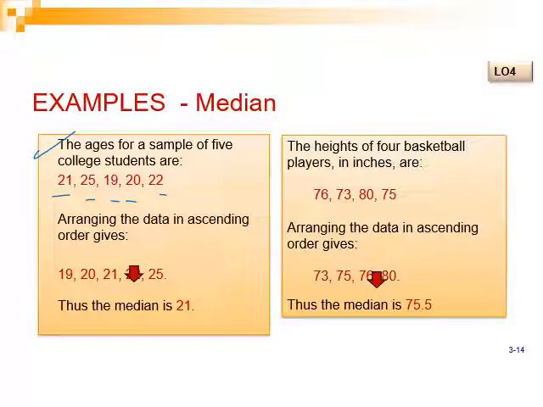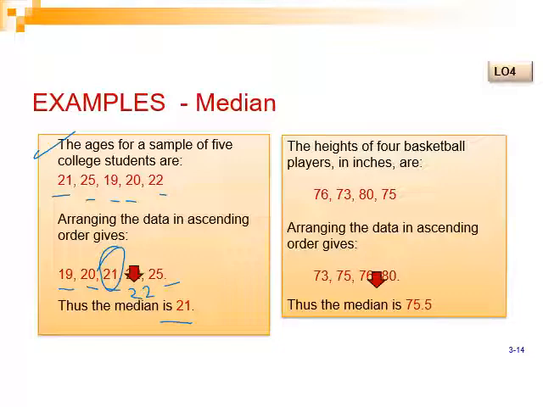So we will find 19, 20, 21, 22, and 25. Here the median is the midpoint. Because there are 5 values, the midpoint value is equal to 21. So the median in this case equals 21.